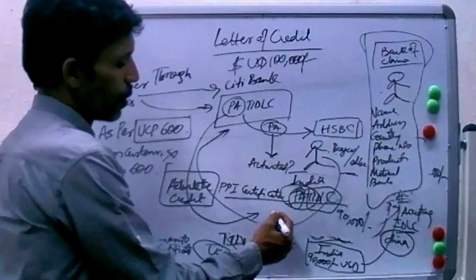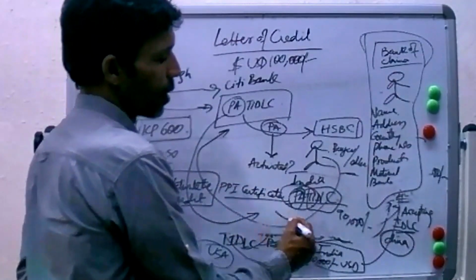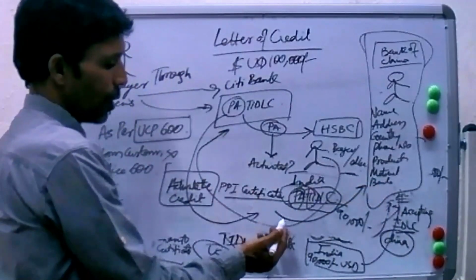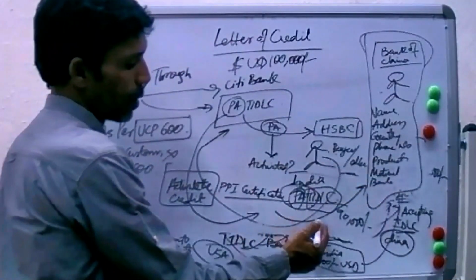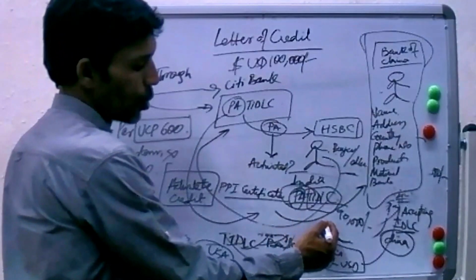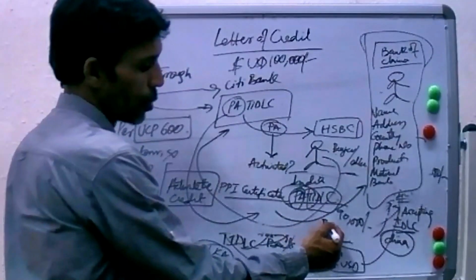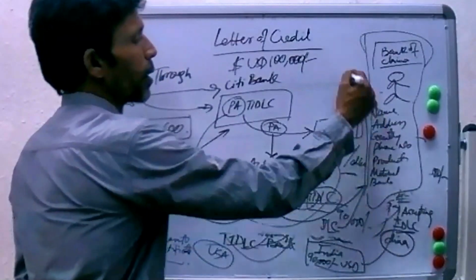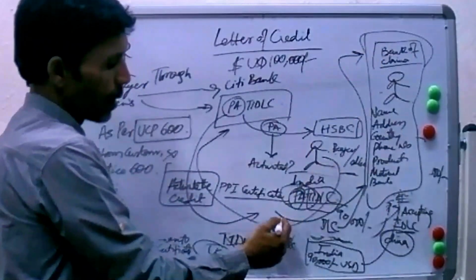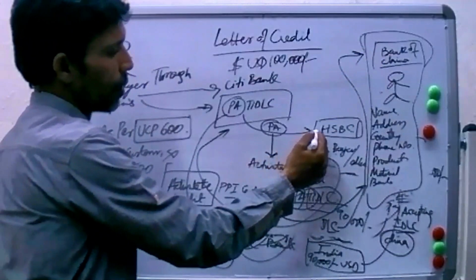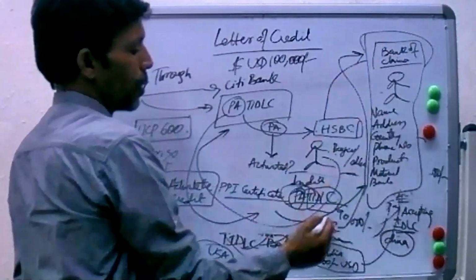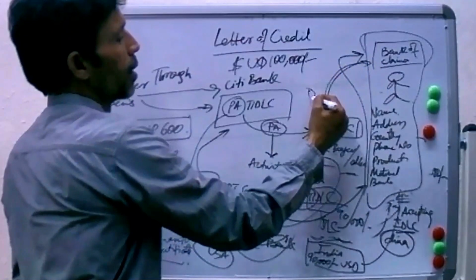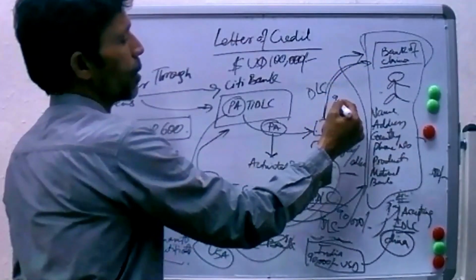Now you are going to transfer the remaining part of the funds which was issued. You are going to issue, not transfer, you are going to issue this DLC to this bank. Your bank, HSBC, will issue the DLC for 90,000.